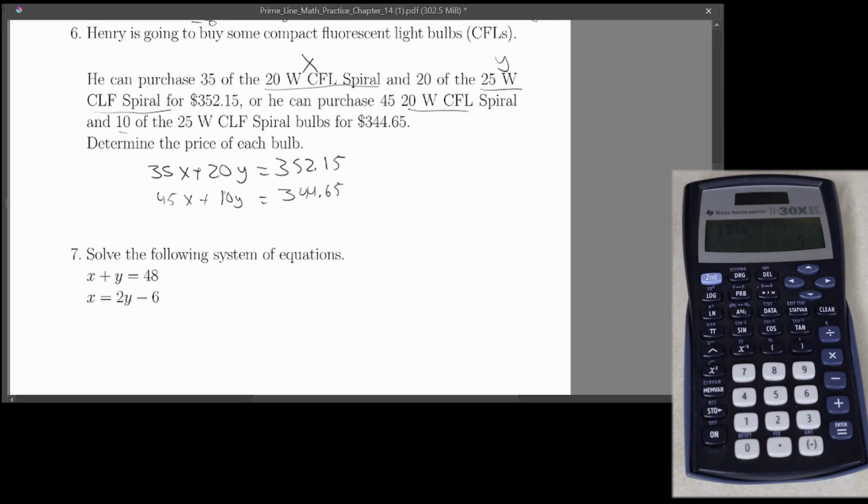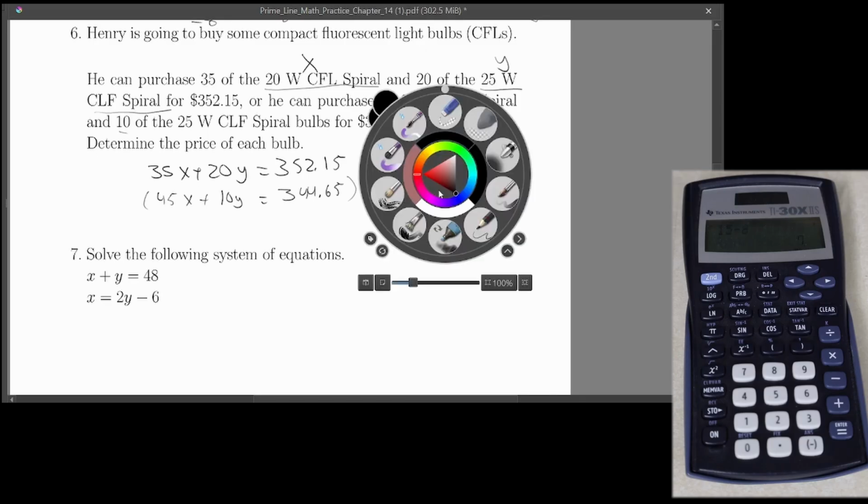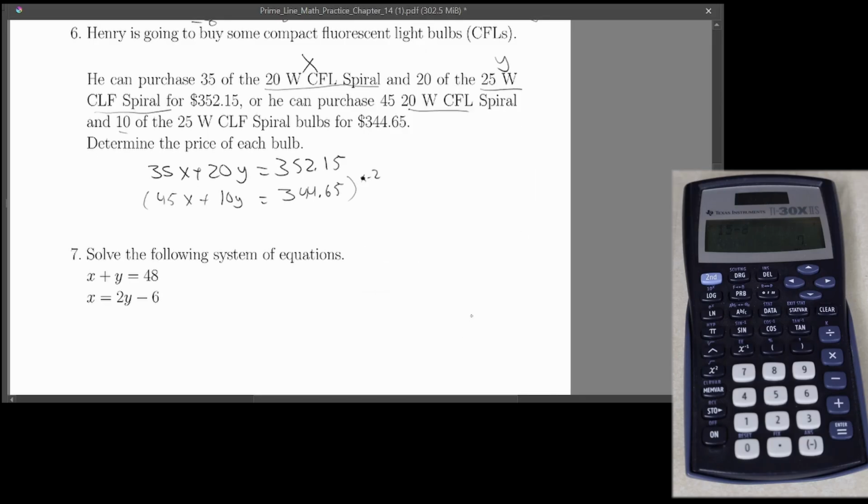So I notice here on the Y's, this is 2 times bigger. I'm going to multiply this bottom whole equation by a -2. So we'll keep the 35x plus 20y equals 352.15.